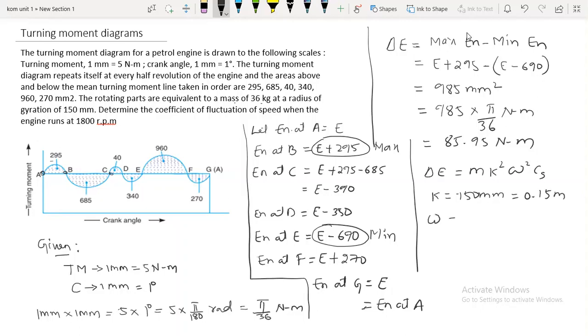And omega is equal to 2 pi N by 60, which is 2 pi into 1800 by 60, giving 188.49 radians per second.